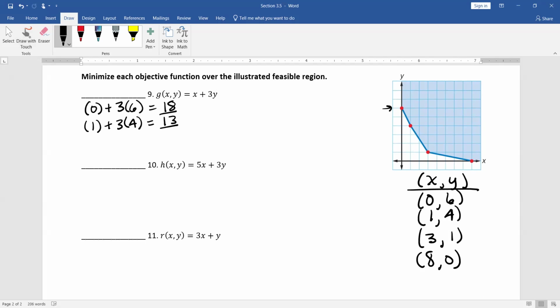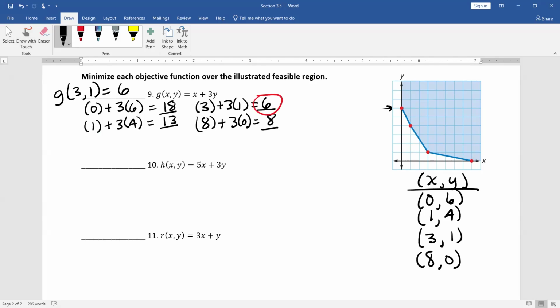The next one, I have 3 plus 3 times 1, 3 gives me 6. And the fourth one is 8 plus 3 times 0, which is 0, so that gives me an 8. So now, because I'm minimizing, this is going to be my solution. So G of ordered pair 3, 1 equals 6 is my minimized solution.